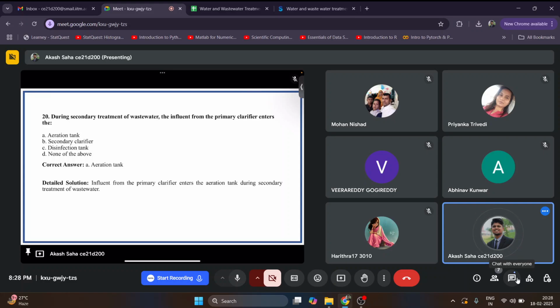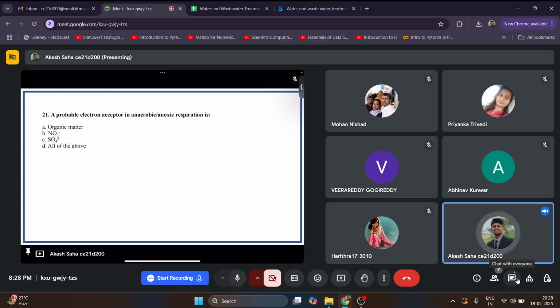So please be careful. A probable electron acceptor in anaerobic, anoxic respiration is: organic matter, nitrate, sulfate, all of the above. So in the case of anaerobic and anoxic respiration, what is the electron acceptor? In an aerobic system, it is oxygen.